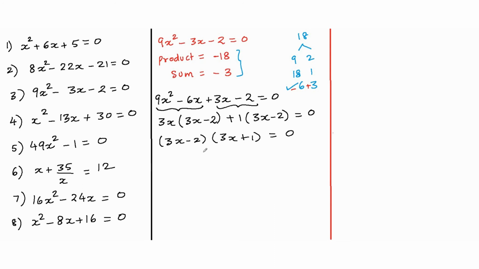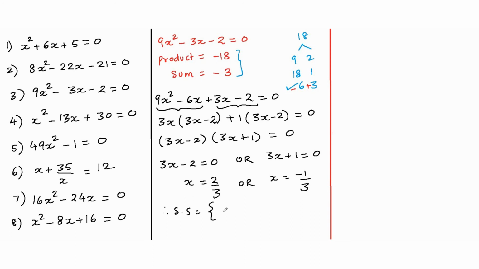Now you will notice that the product of these two terms is 0, which means one of these two terms has to be 0. So either 3x minus 2 is 0 or 3x plus 1 is equal to 0, which means x equals 2 by 3 or x equals negative 1 by 3, right? So the solution set is 2 by 3 or negative 1 by 3.